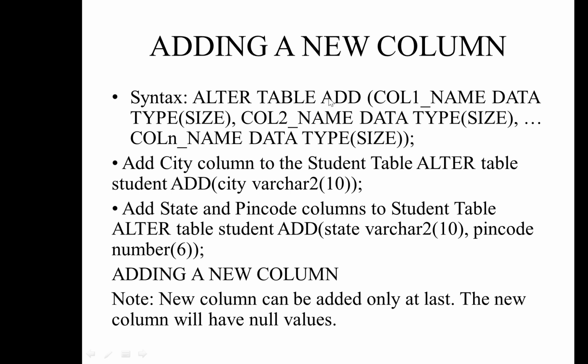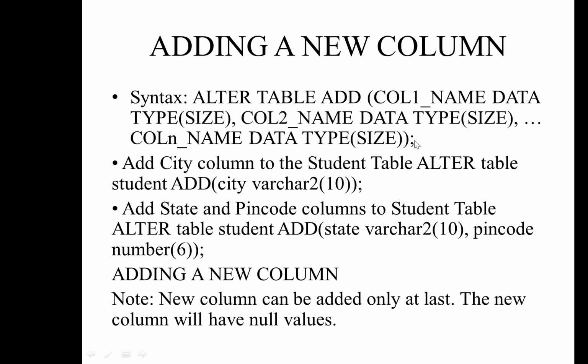Within the parenthesis we mention the column name, space, data type, with the size within brackets, comma, column 2 name, space, data type, with the size within parenthesis, comma, up to column n, its data type and size, and then the closing parenthesis. At the end of the syntax we give the semicolon.